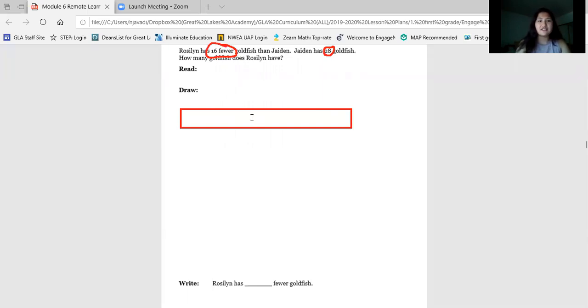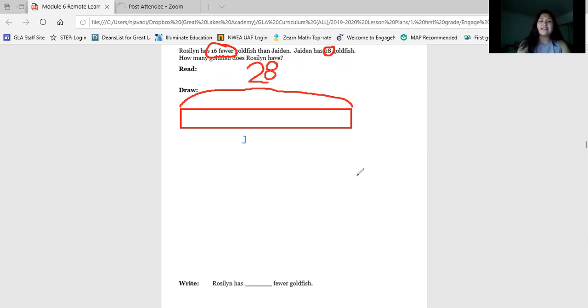We can't forget to label this bar with a J for Jaden. And let's draw a line up top to show that this total thing is 28.